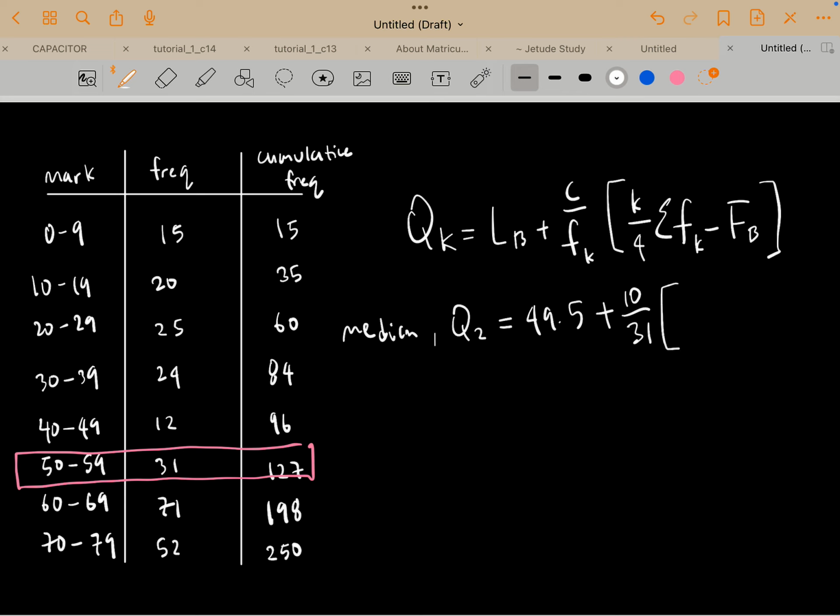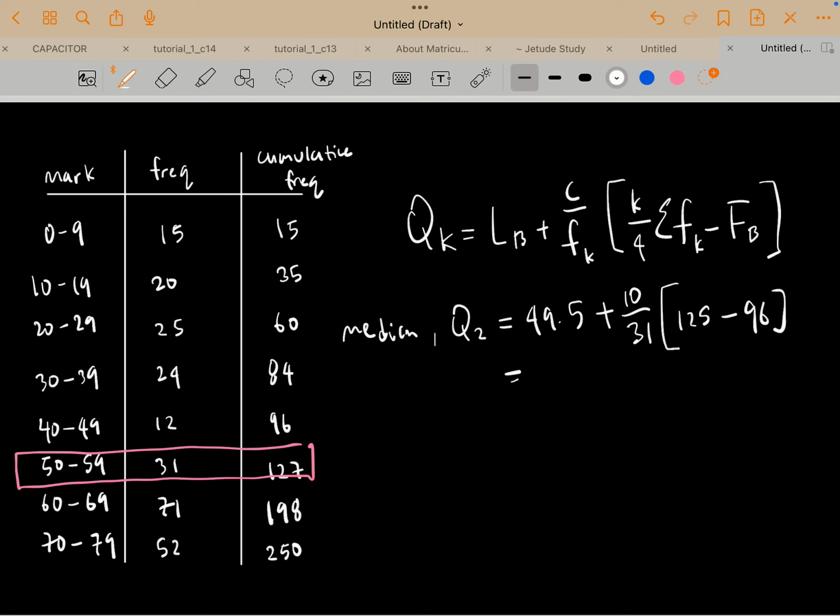times 125, the one that we got just now by doing n divided by 2, and then minus the cumulative frequency. That's why I've written big F below the frequency table that we want to find just now. So the cumulative frequency below that is 96.